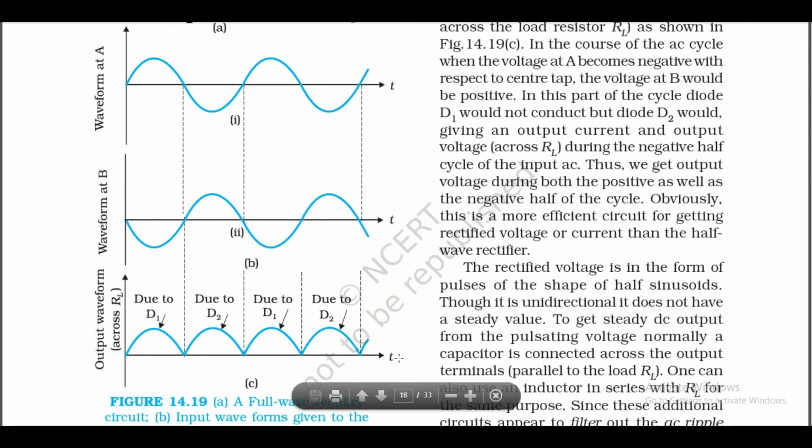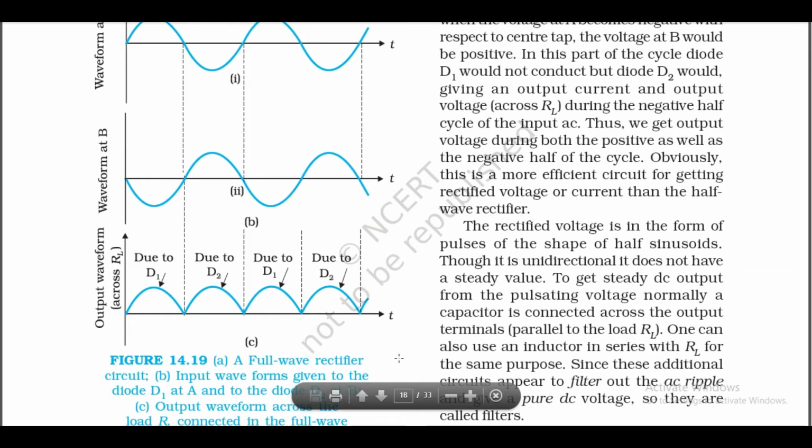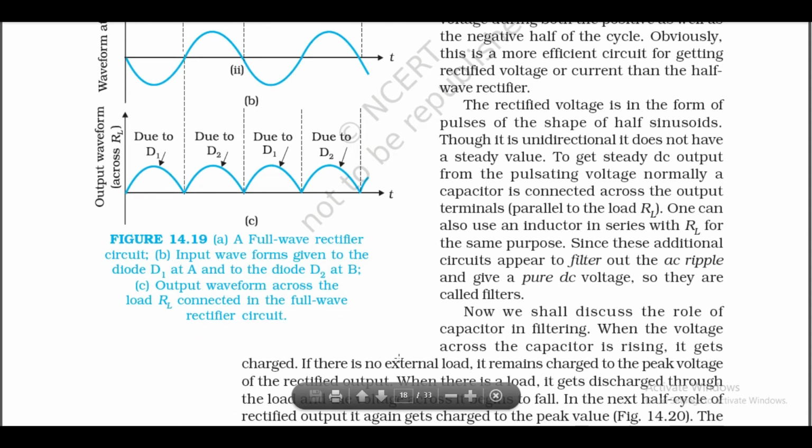The rectified voltage is in the form of pulses of the shape of half sinusoids. Thus, it is unidirectional. It does not have a steady value. To get a steady DC output from the pulsating voltage, normally a capacitor is connected across the output terminals, parallel to the load RL.